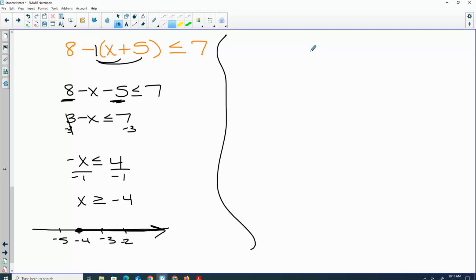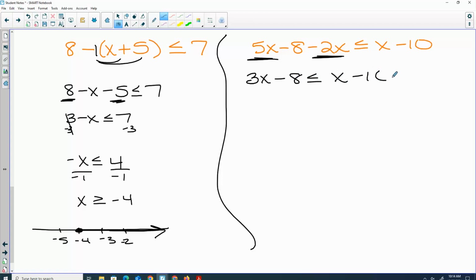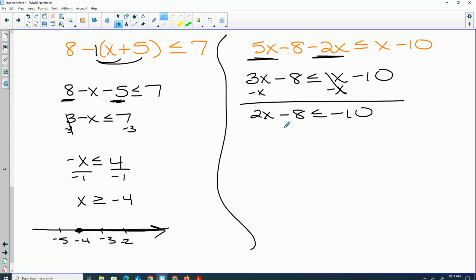If I said 5x minus 8 minus 2x is less than or equal to x minus 10. The 5x minus 2x, they're on the same side, so we just put them together. What's 5x minus 2x? So 3x minus 8 is less than or equal to x minus 10. Okay, so we need x's on the same side, so if I subtract my x, then what would we do?